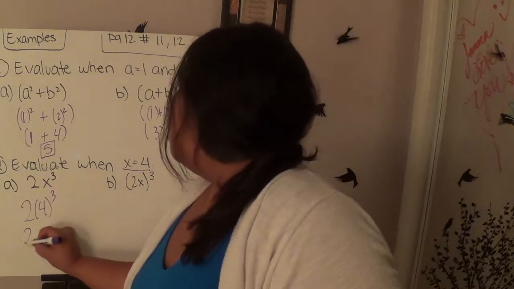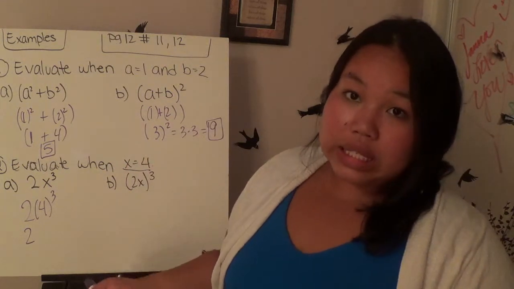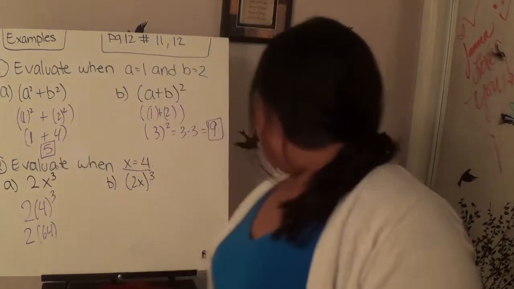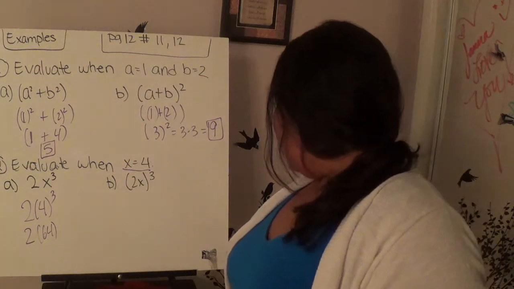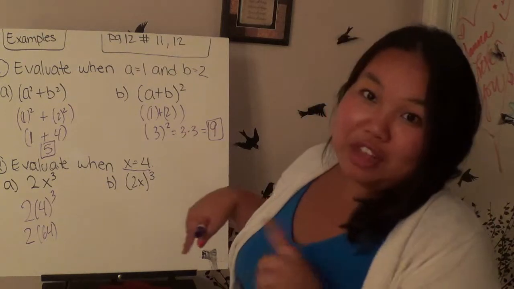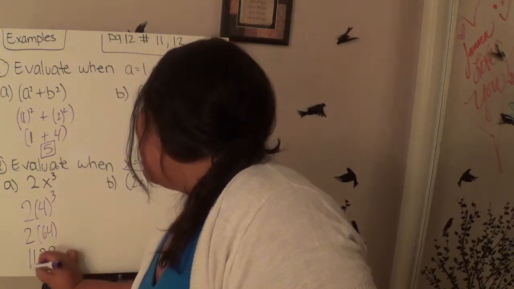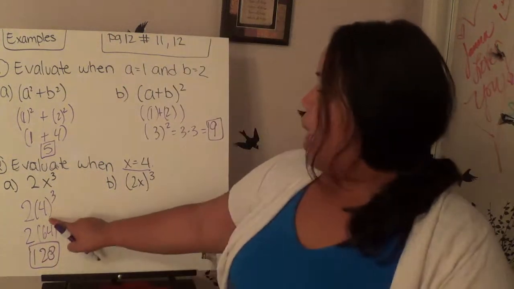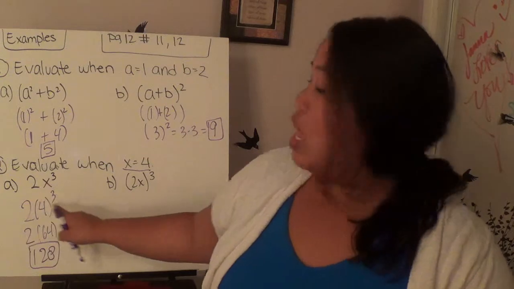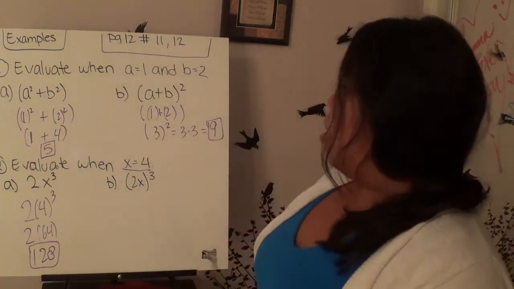So 4 to the power of 3, so 4 times 4 times 4. 4 times 4 is 16, times 4 is 64. And then I'm going to go ahead and multiply that by 2. It's been a long day, so I am using my calculator if that's weird. It's 128. Okay? I do the power first. The power is only attached to the 4, so I'm not going to do 2 to the power of 3. It's just 4 to the power of 3, and then I multiply that with 2.